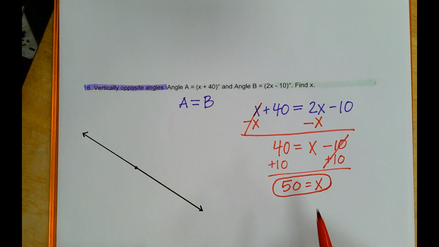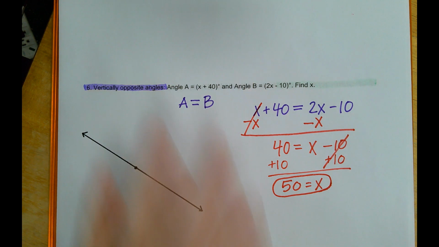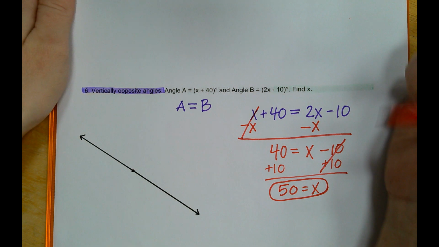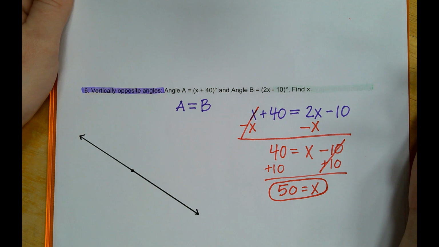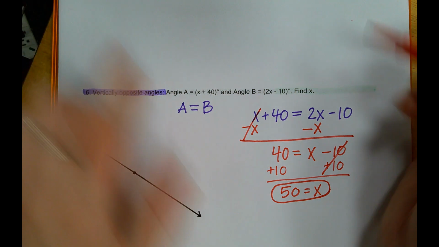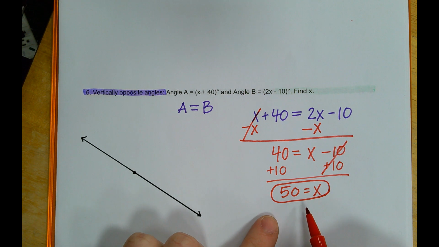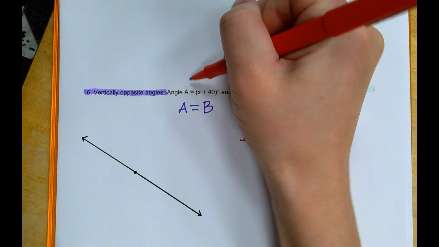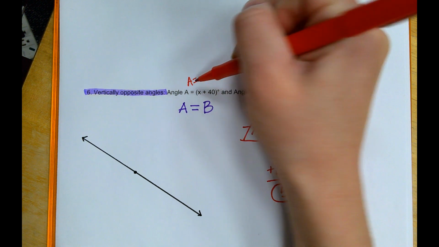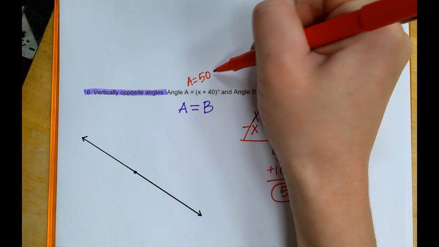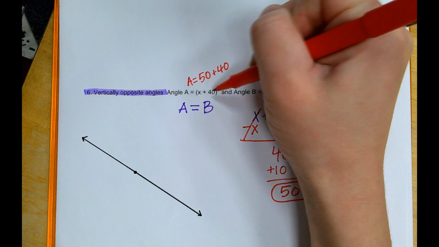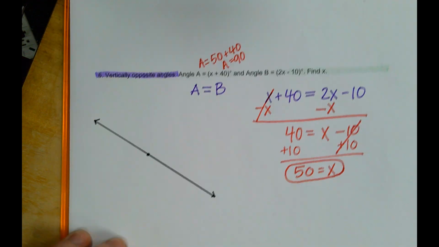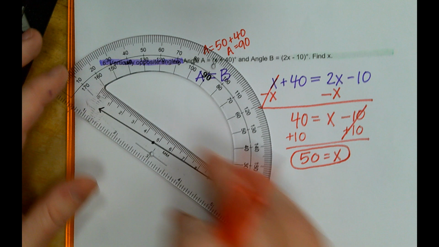That's awesome. Okay, so I'm going to write out what I just did in my brain. A equals... Yes, so it really is just straight. Exactly. So I know angle A is x plus 40. So A is also 50 plus 40. And A is 90. So I just need to have a 90-degree angle here.